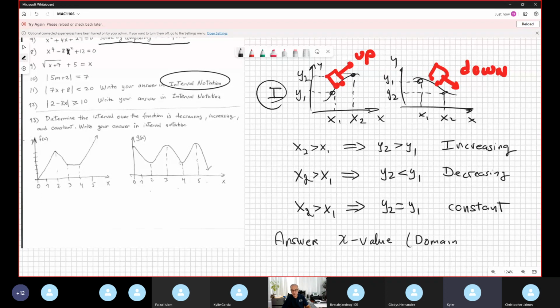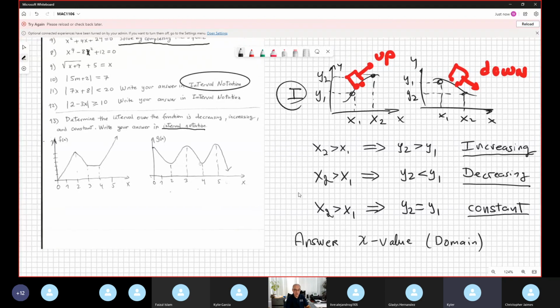So inside the domain, I need to select in what portion I'm going up, increasing; in what portion I'm going down, decreasing; in what portion you stay at the same height, constant. And you express your answer in interval notation. The test always wants interval notation. So let's do it. It's easy. Look, let me show you.